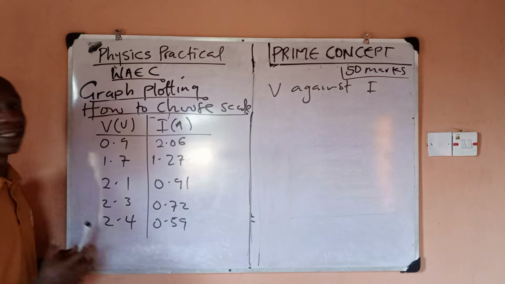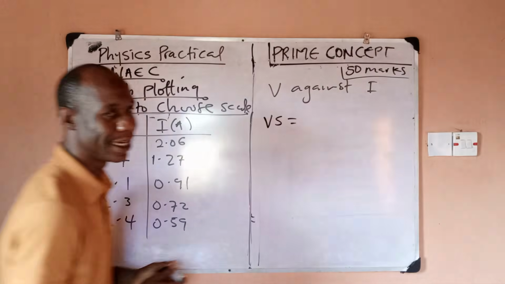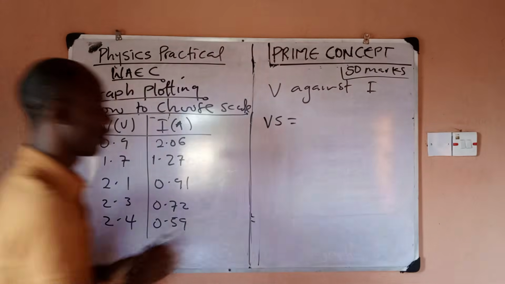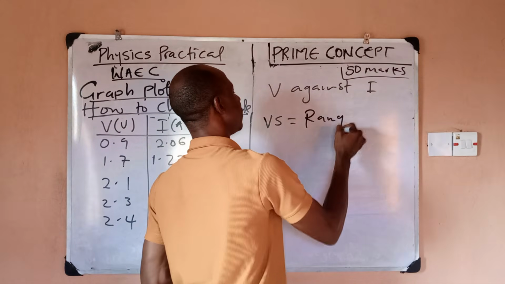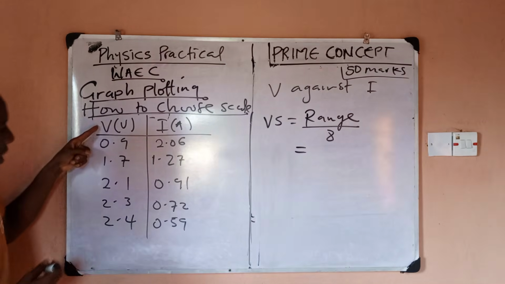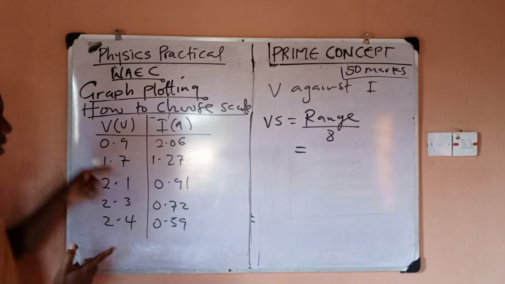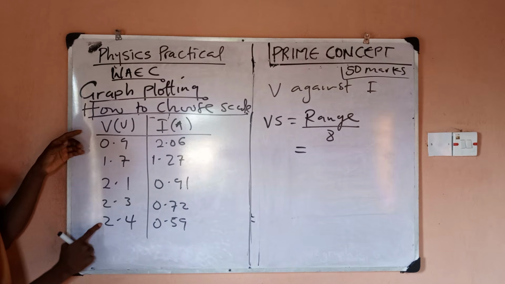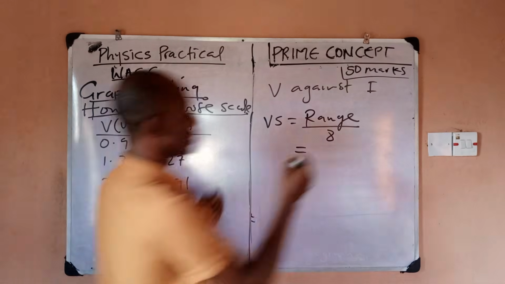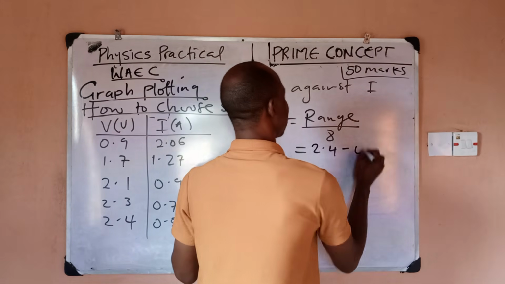If I want to get the scale for my vertical axis, I'm going to do range over 8. Range simply means highest minus lowest. So what is the highest value here? It is 2.4. So I have 2.4 minus the lowest, which is what?